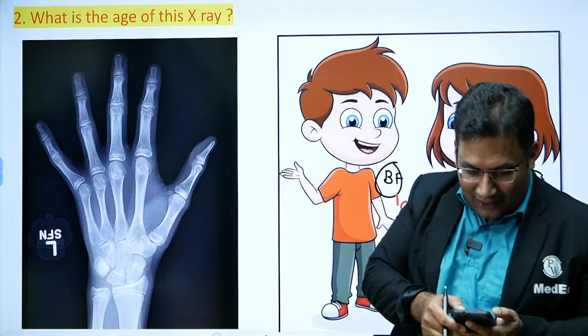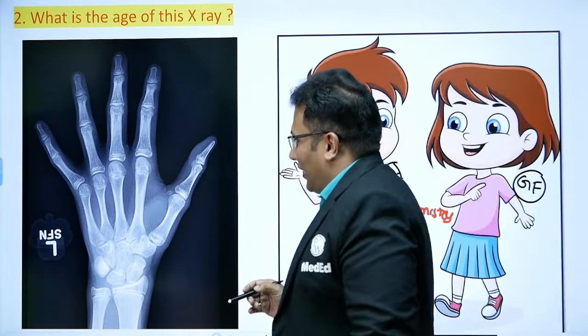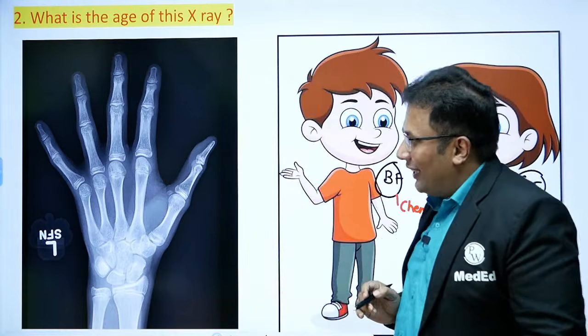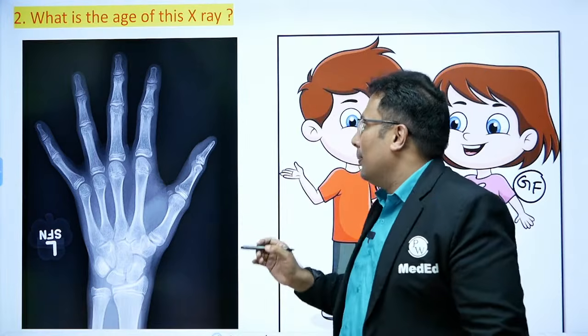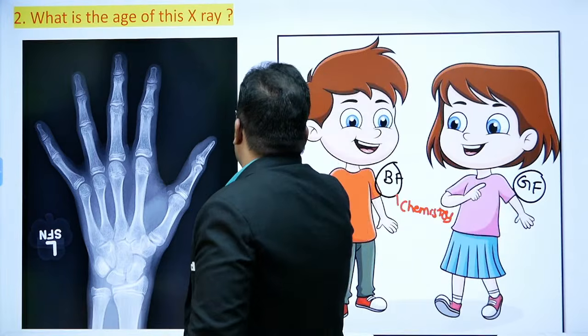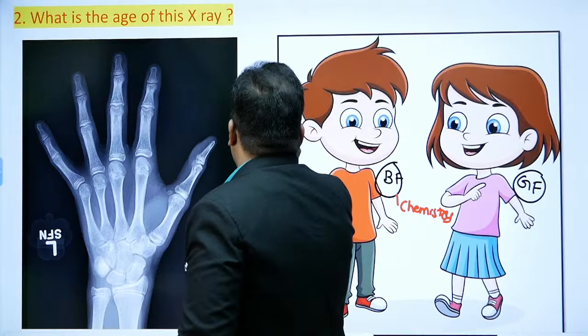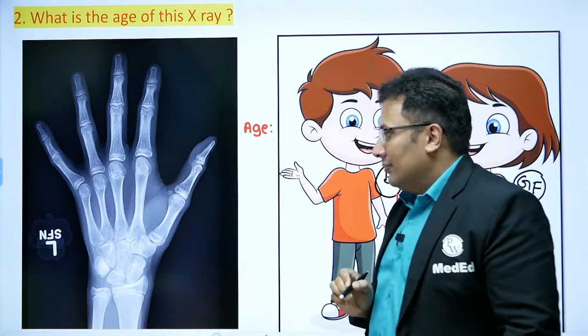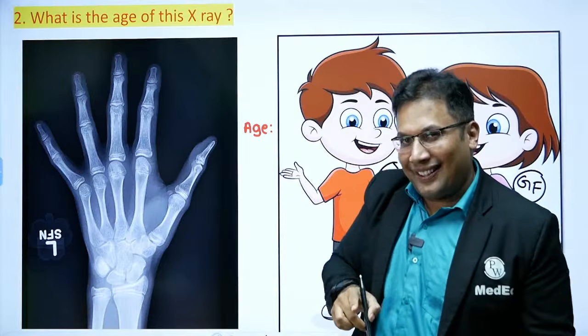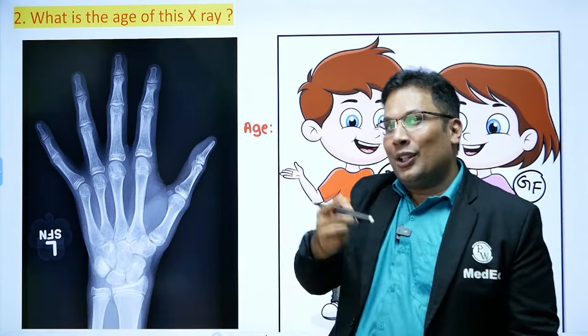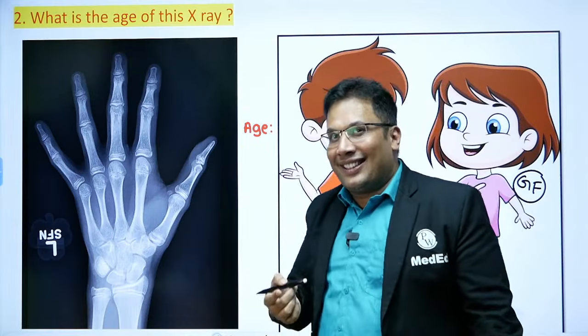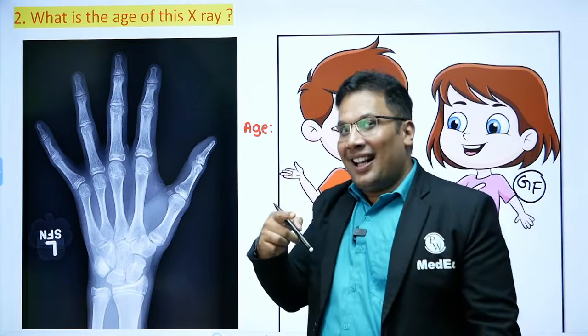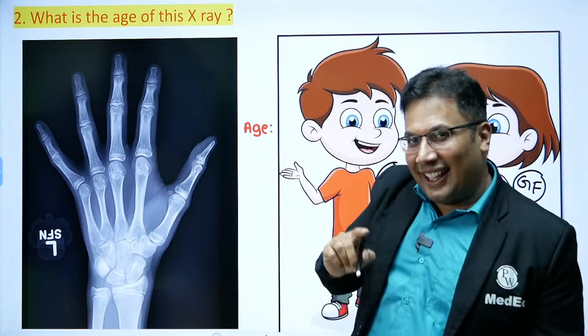Try. Now here, what is the age? Now you calculate the age. Go through this. What is the probable age? I need a perfect answer, like 12 years, 14 years, 15 years, or 18 years, more than 18 years like that.